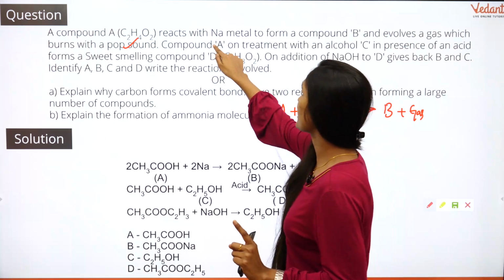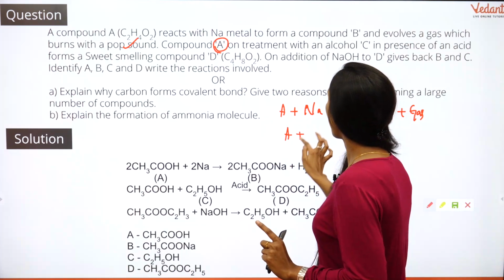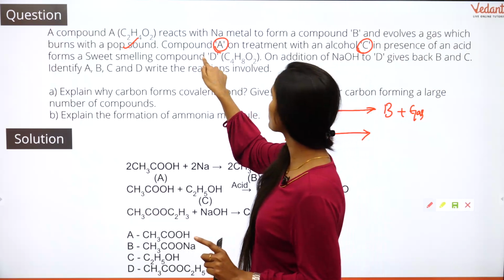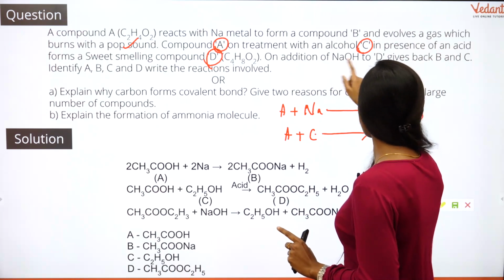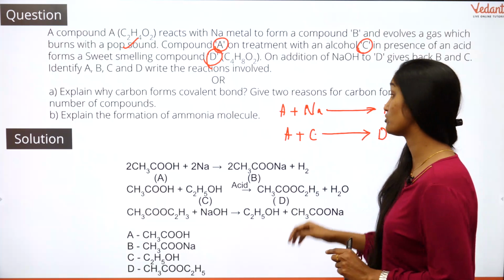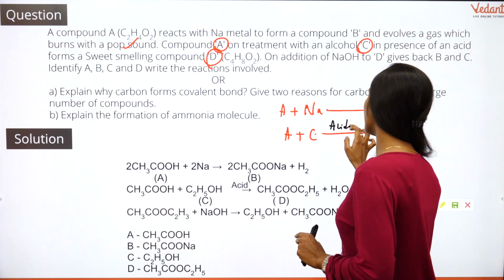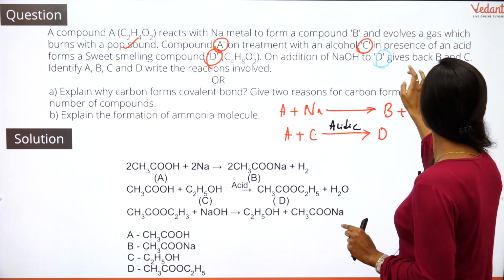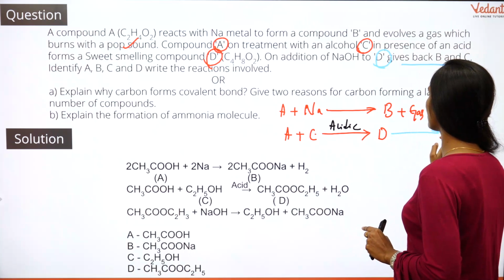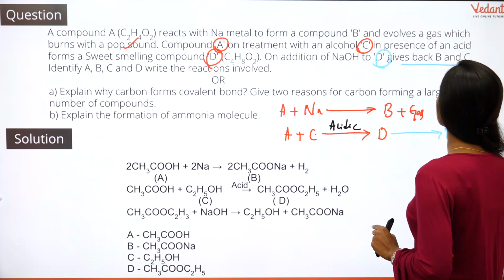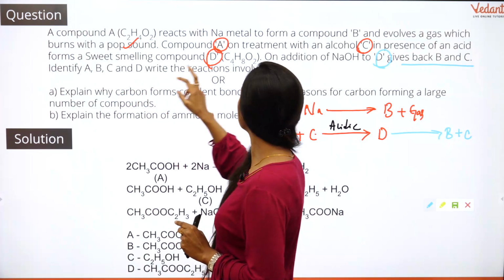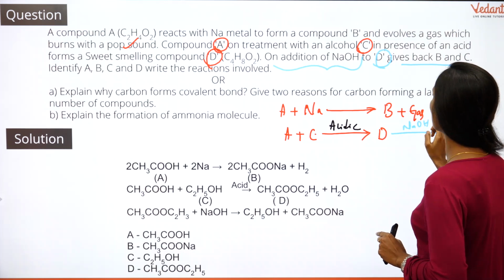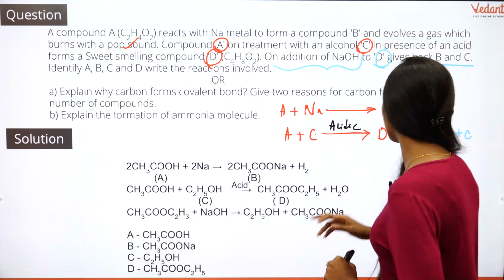Now the same compound A, on reaction with an alcohol C, leads to the formation of a sweet smelling compound D, and this all happens in an acidic medium. The acidic medium acts as a catalyst, and this sweet smelling compound D gives you back B and C when it is added to NaOH.